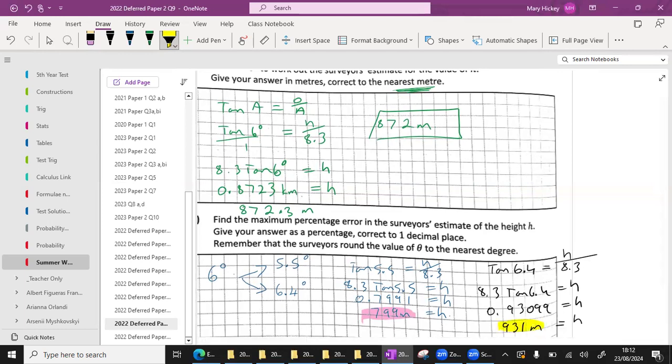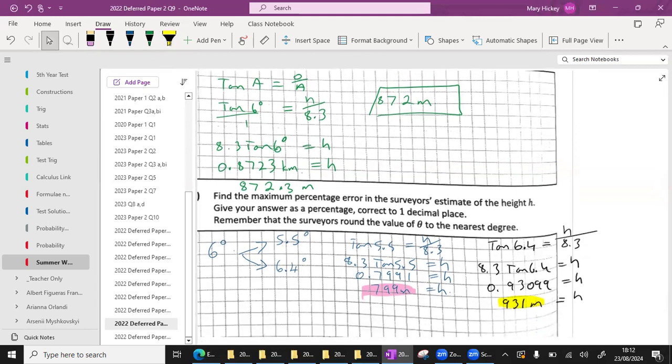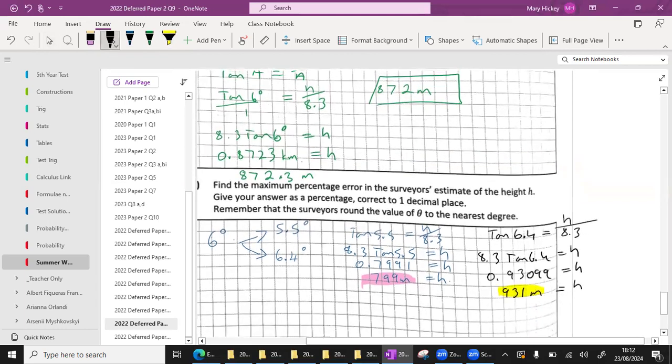So when we're doing the percentage error, we want to look at the difference between the estimate and what we have, and we want to see which one is more away. So is the 5.5 degrees further away than the estimate, or is it the 6.4? So which one is the maximum percentage error? So I guess what we're going to do is our 872 minus 799 all over 799.